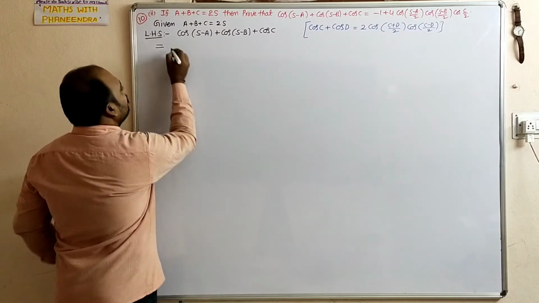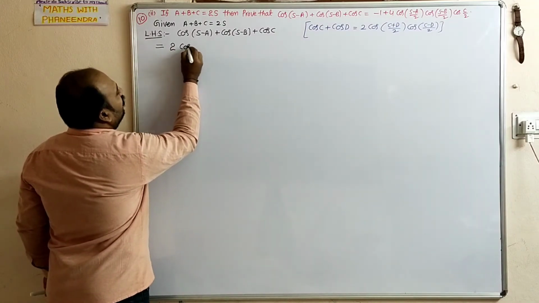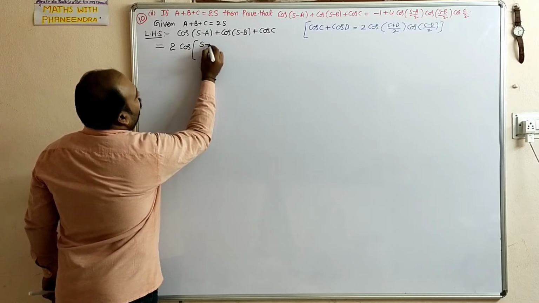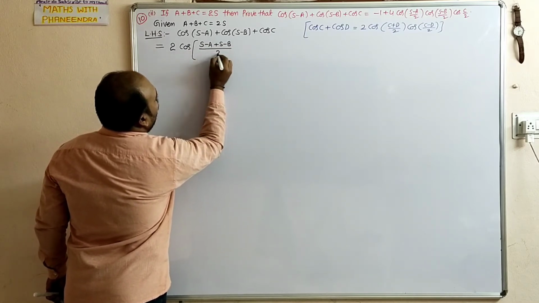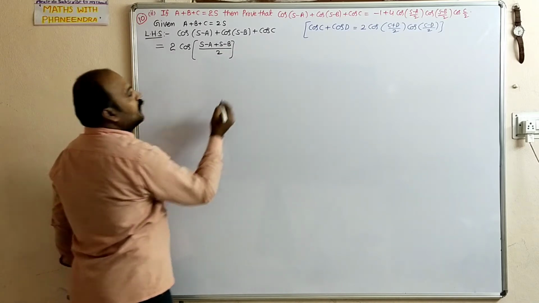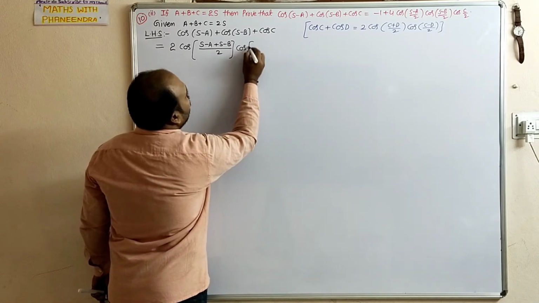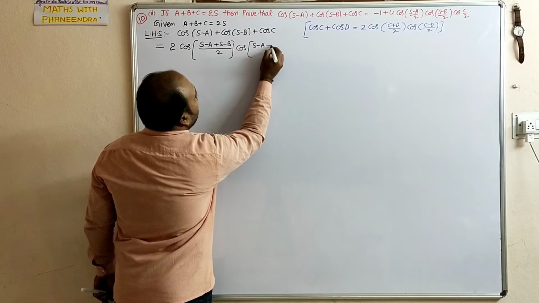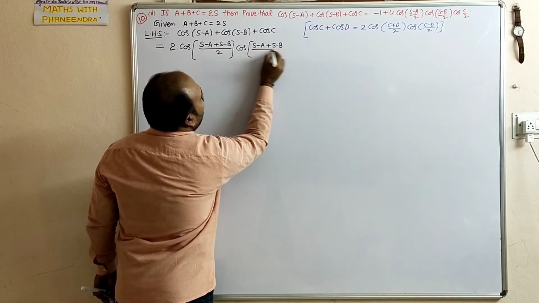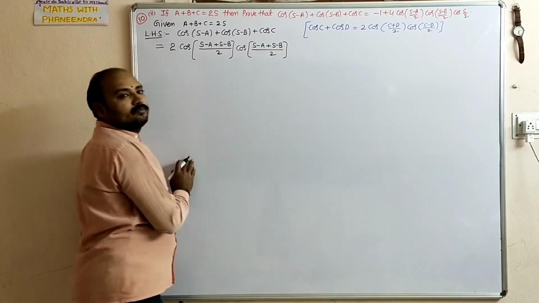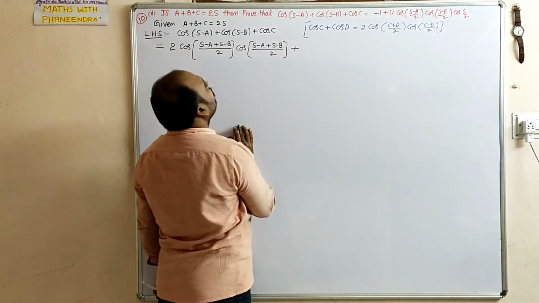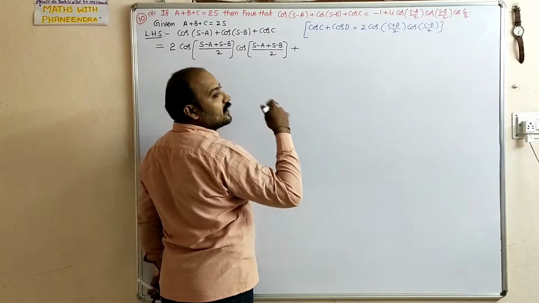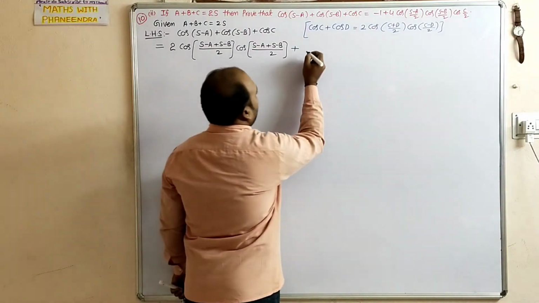So now it will become 2 into cos of (s minus a plus s minus b) divided by 2 into cos of (s minus a minus s plus b) divided by 2, plus cos C.